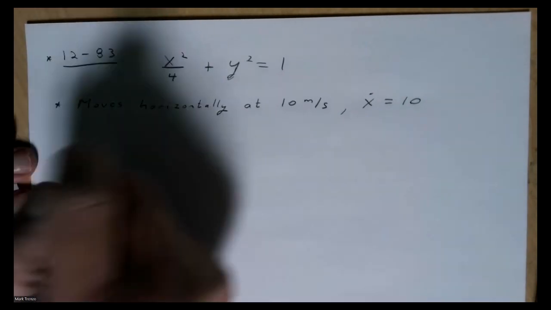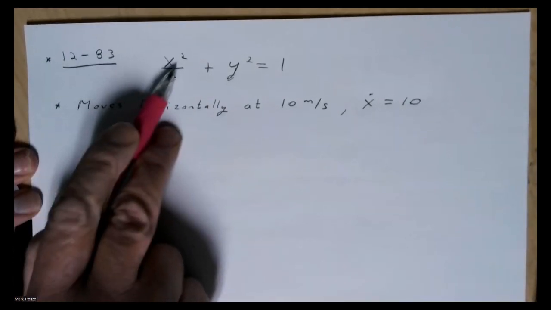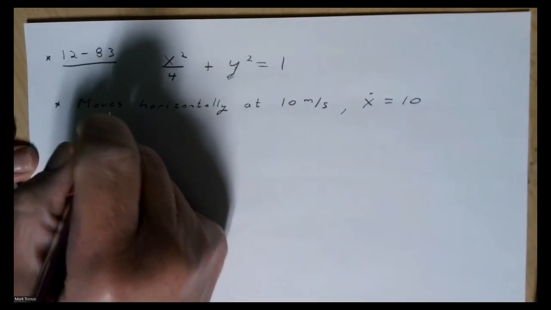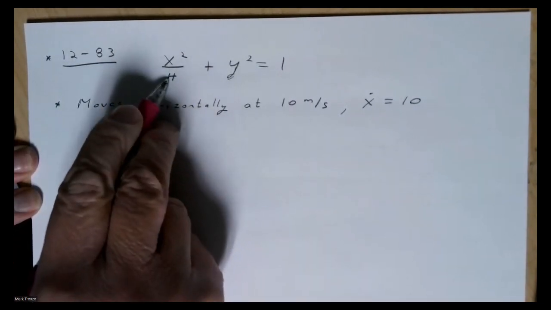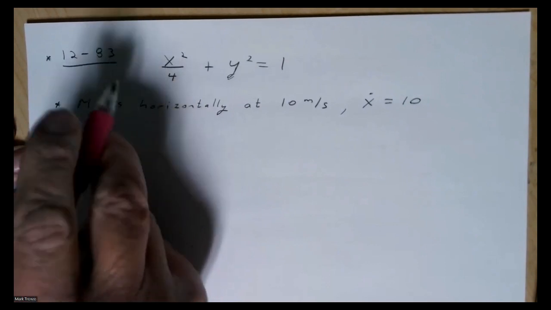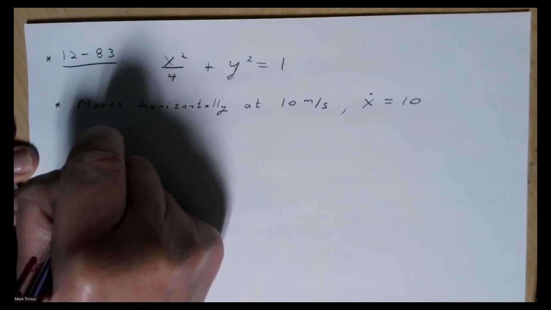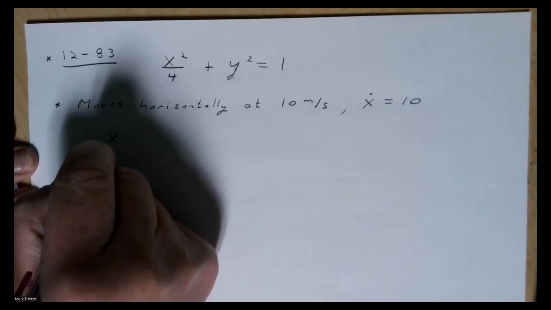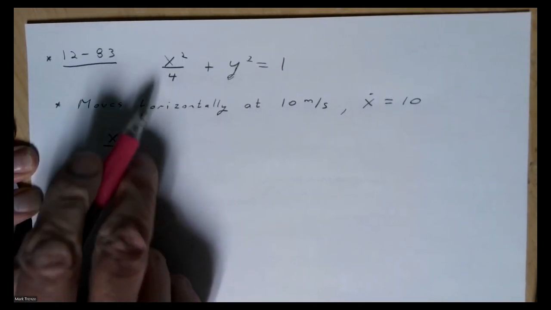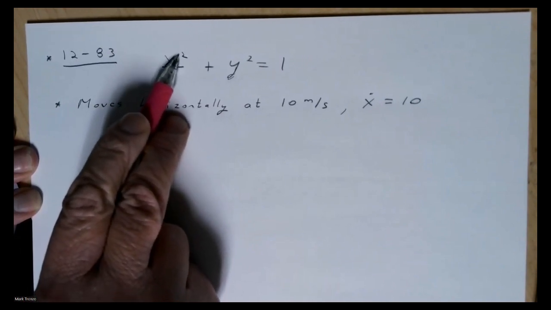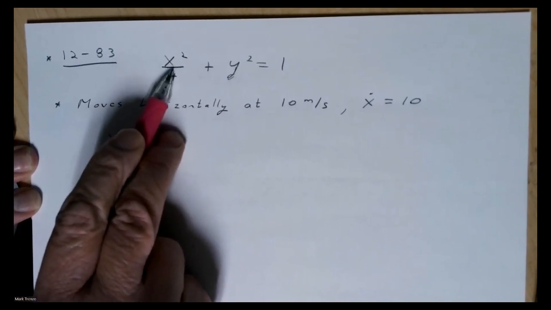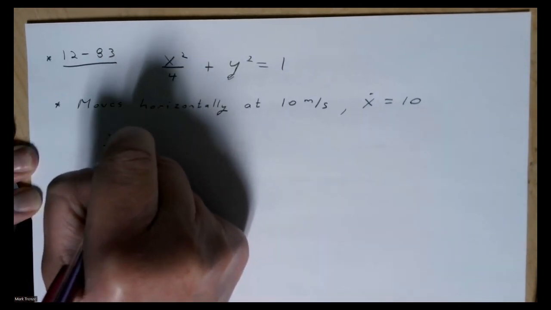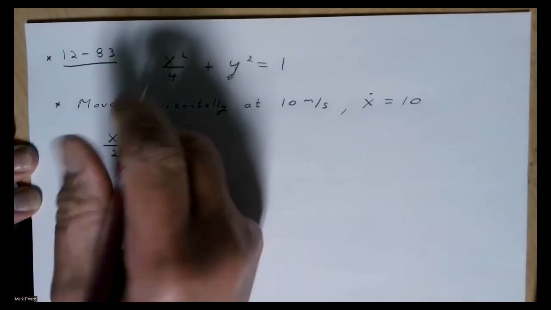And so let's go ahead and take implicit derivatives. Let's just go across and take derivatives. Again, this is going to be 2 divided by 4. When we take the derivative of this, we're going to end up with x and 2 over 4, which is just going to leave us with 2. But remember, we're assuming this is a function of t, so we have to take the derivative of this, and that would be x dot.